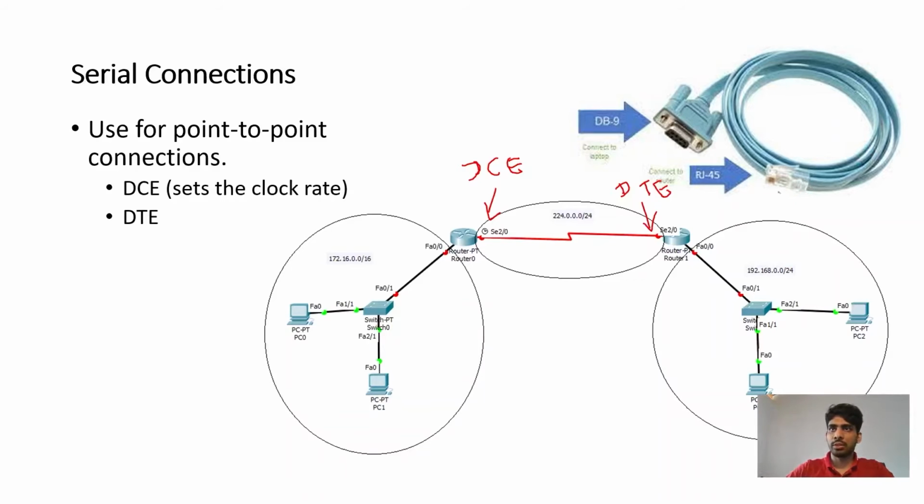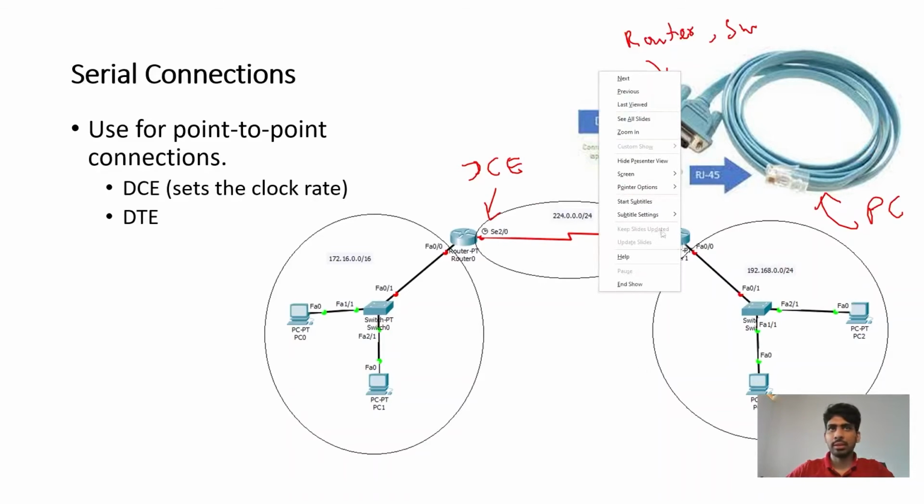We connect this to the device, device meaning router or switch, and this to the PC. By doing that, we can make a serial connection to the device and we can control it. I'll show that with the use of Packet Tracer in a later video. So that's it about these connections.